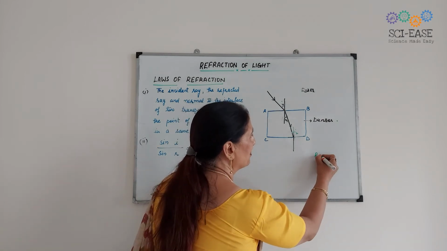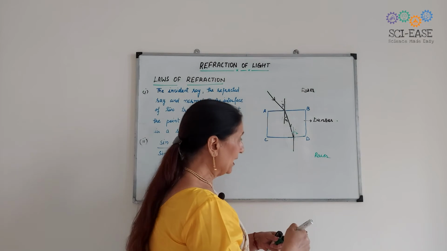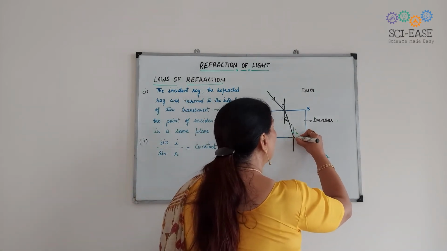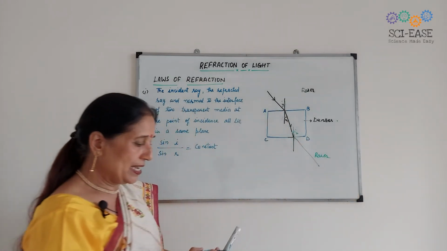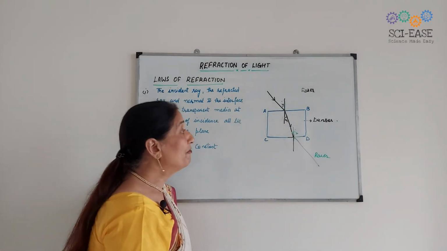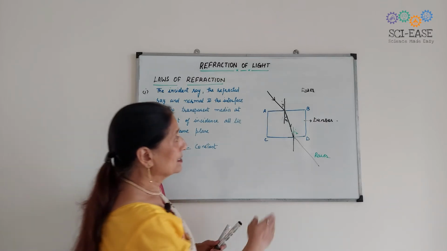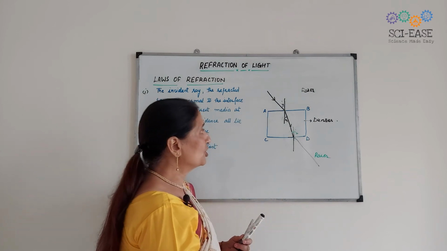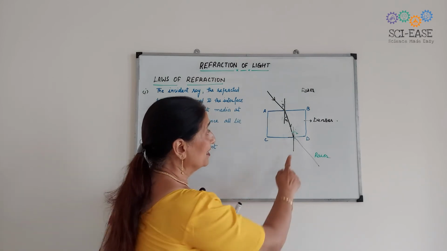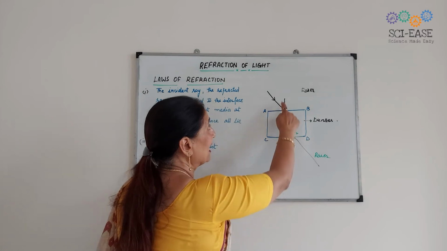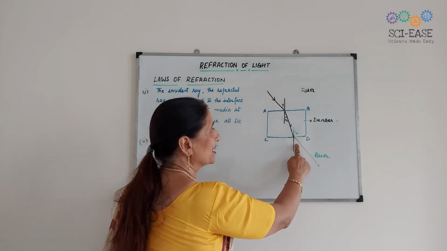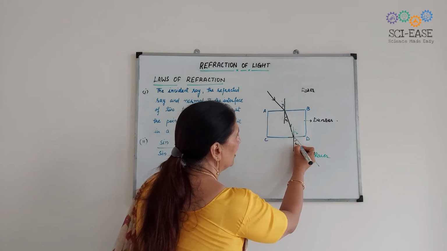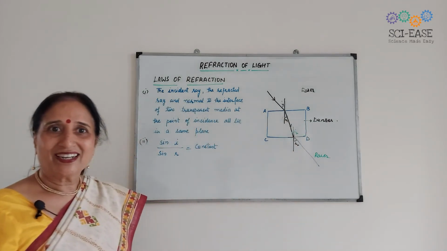So what will happen? The ray will bend away from the normal and this ray will emerge out. Here you will see that this angle is equivalent to this angle. So this is R2. Clear to all of you?